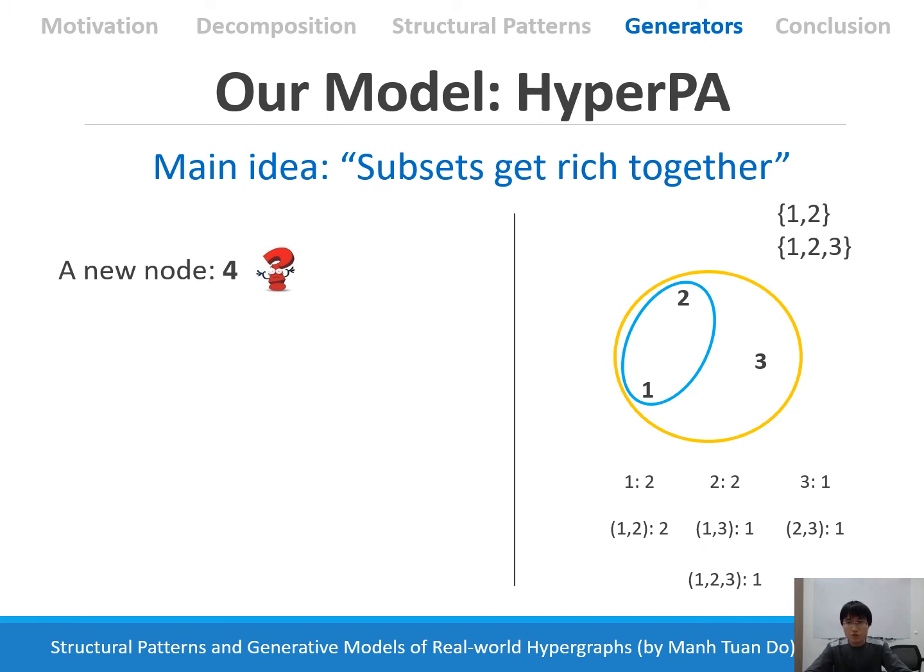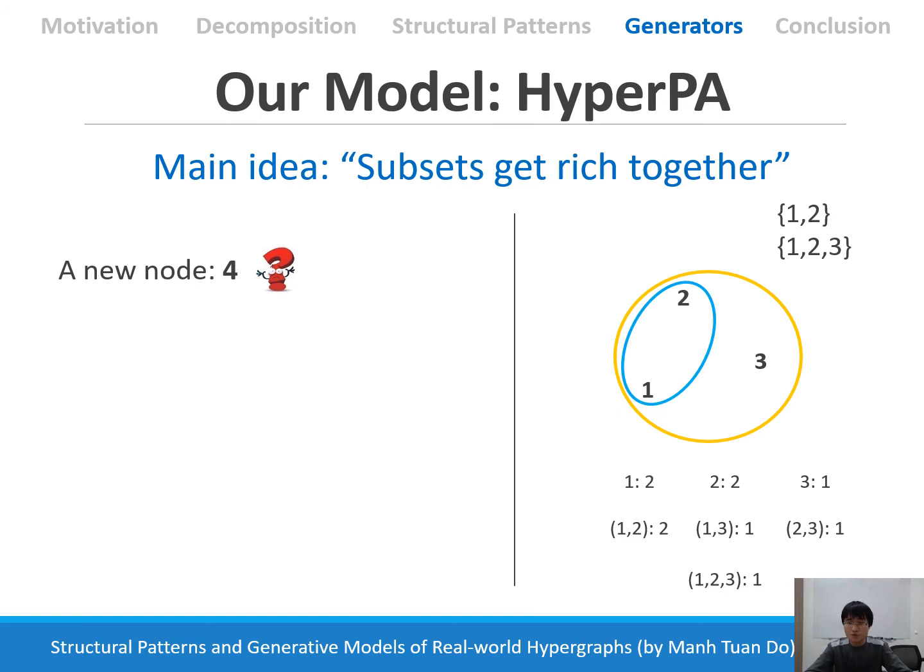Suppose we need to grow a hypergraph, and we already have 2 hyperedges, {1, 2} and {1, 2, 3}. We maintain the degree for each node and each subset of nodes. And the degree for each subset is equal to the number of hyperedges containing that subset. So as you can see, node 1 and node 2 both have degree 2, while node 3 has degree 1.